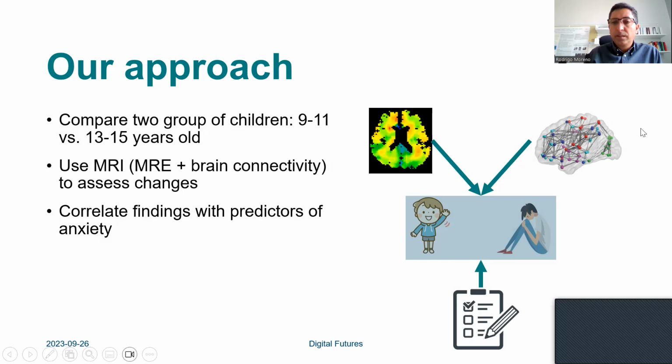Brain connectivity is a method to assess changes in the connections between different regions of the brain, while MRE tells you the mechanical properties of the tissues. In addition to that, we are running some psychological tests, which are meant to get some risk predictors for developing anxiety. And our goal is to correlate these predictors from these questionnaires with the imaging data we are acquiring.